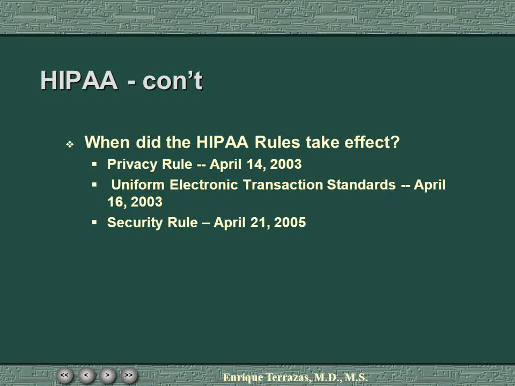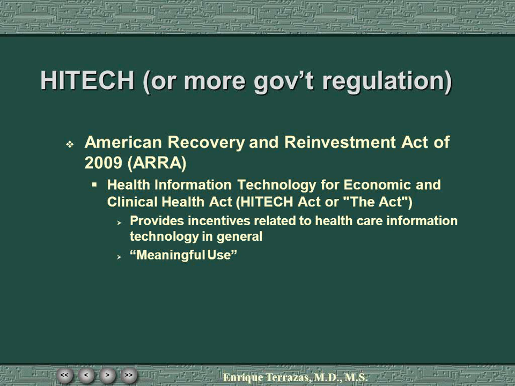So when did they take effect? The privacy rule: April 14th of 2003. Uniform transaction standards, also around the same time, April 16th, 2003. Security rule was April 21, 2005. There was recognition that it would take more time to implement the security provisions than the privacy rule.